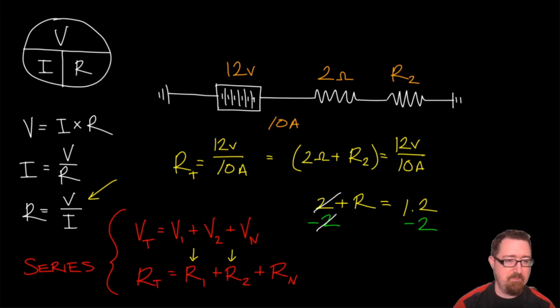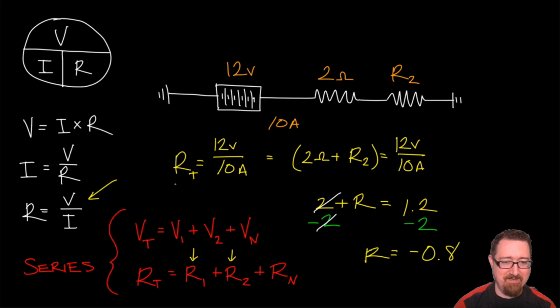So let's see here. We're going to have, that doesn't make too much sense. So our resistance is going to equal negative 0.8. Huh. Probably could have used a different example on that one to be able to figure that out. But that's how you would essentially do it, right?